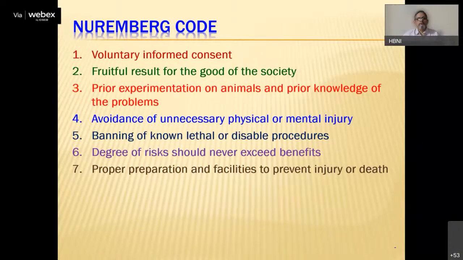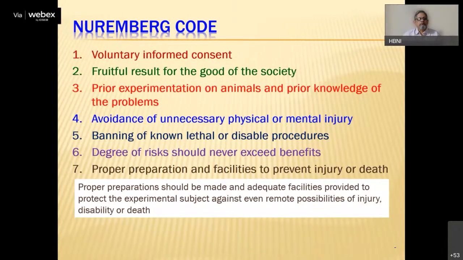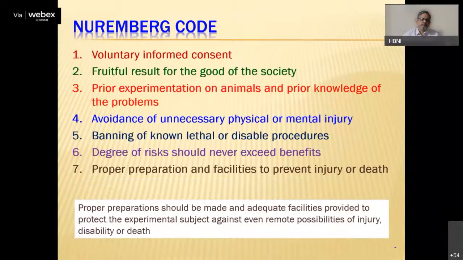Then the seventh point is proper preparation and facilities to prevent injury or death. So there should be proper preparations made and adequate facilities provided to protect the experimental subject against even remote possibilities of injury or disability or death.